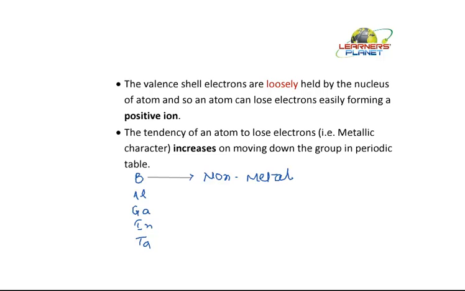Aluminium is a metal, okay? So the metallic character of boron is less. Now, this aluminium is a metal, and what is happening to the metallic character down the group? Is it decreasing or increasing?